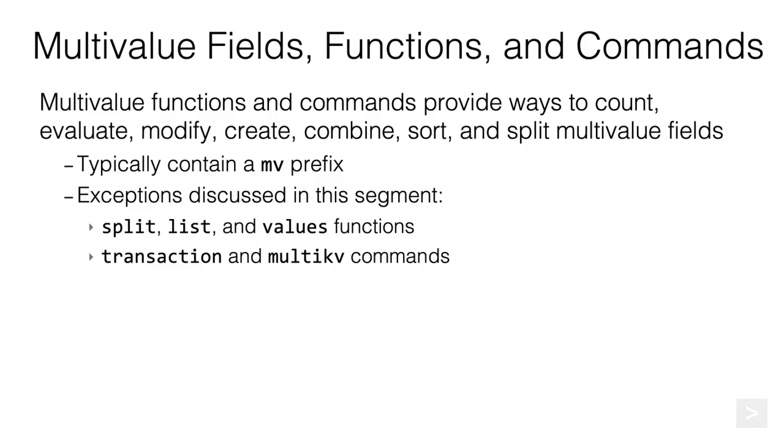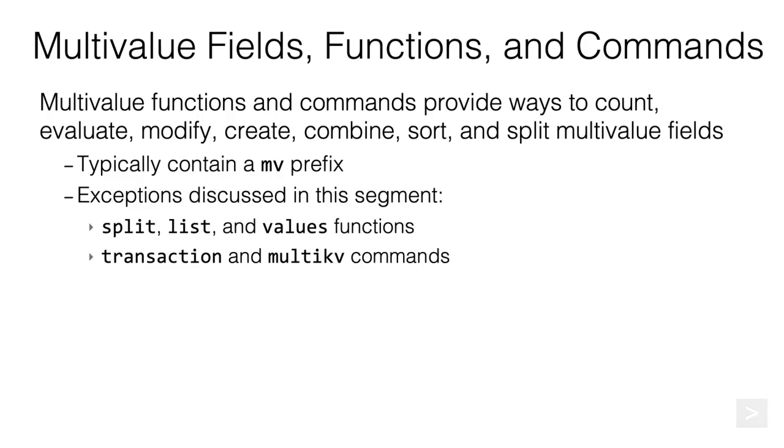If you've ever worked with data that had multiple values to a specific field, the way that we manipulate that data is slightly different depending on which function or command we apply. We can introduce these various different multi-value field functions that allow us to modify, evaluate, sort, and split these multi-value fields.